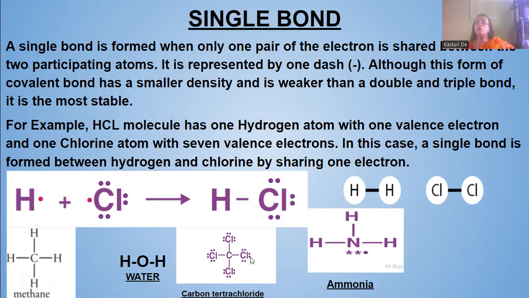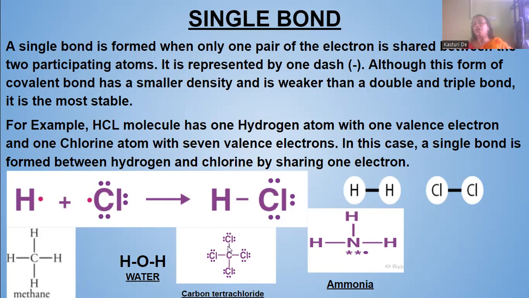Then carbon and chlorine also share one electron each, as carbon has 4 electrons on its outermost shell, so it will share 1 electron of its atom with 1 electron of the chlorine. So what happens?